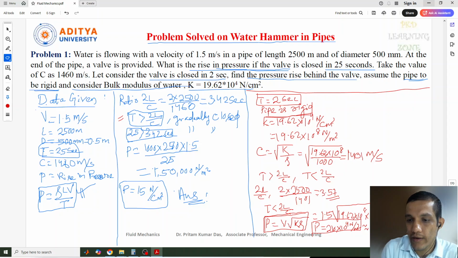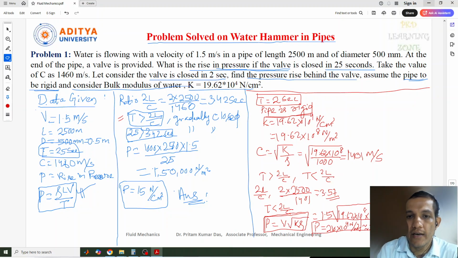Similarly, if you want to convert into centimeter square, you can write 210 and some fraction value, Newton per centimeter square. So both are correct. So this is our required answer.